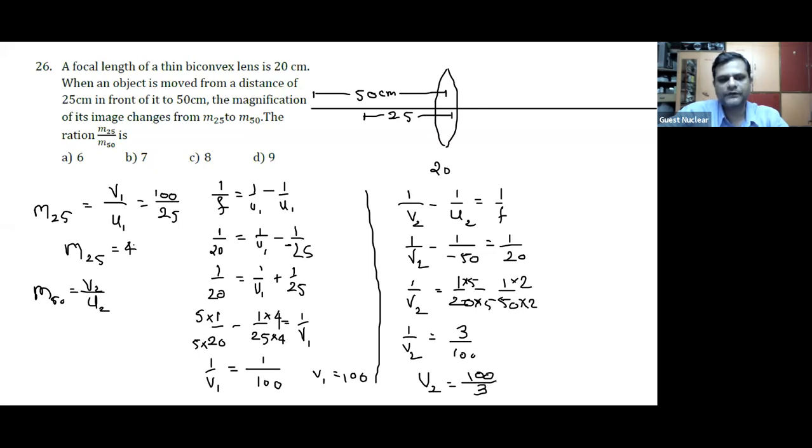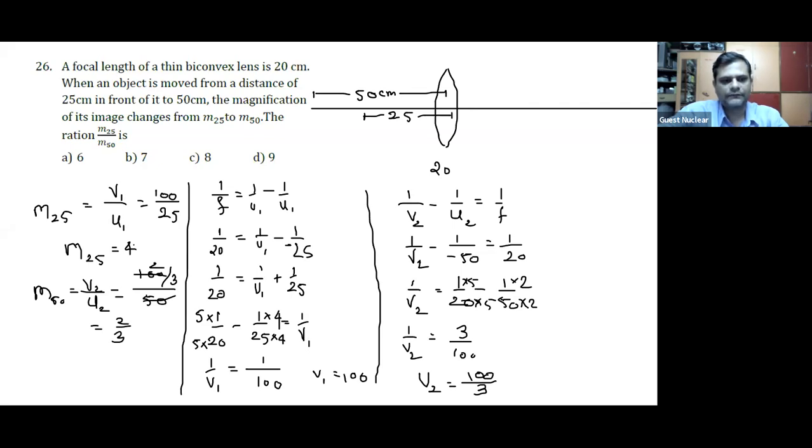So if we just try to find out this m50, then it will be 100 upon 3 divided by u2, which is given to be 50 already. So here it is 50. That means it will be 2 by 3 only, right? So the 50s cancel, and hence it will become 2 by 3.